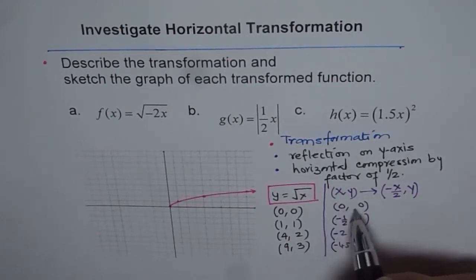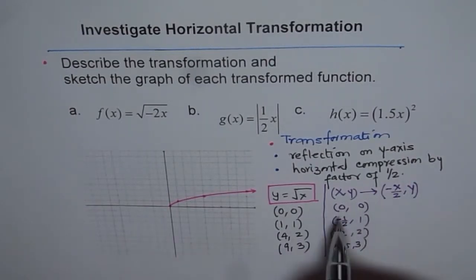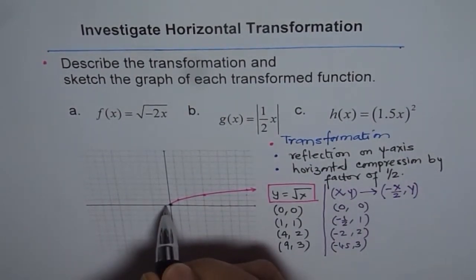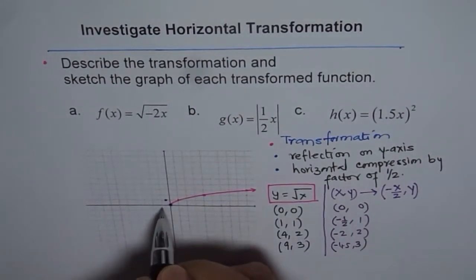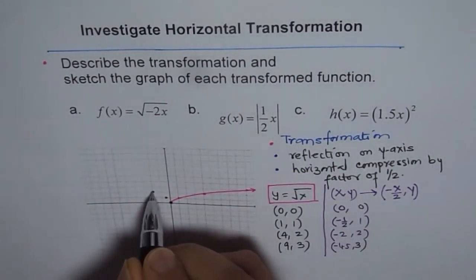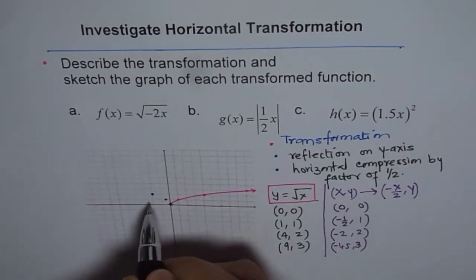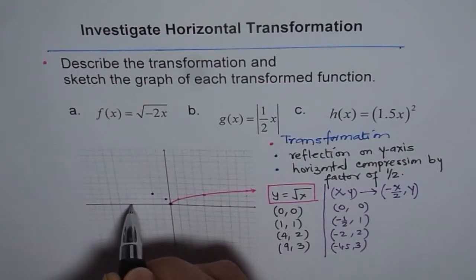One way is we can straight away plot these points and get our graph. That's the easy way of doing it. So 0, 0, you get 0, 0 here, minus half and 1. Then I get minus 2 and 2, so 1, 2, minus and 2. So we get this point. Minus 4.5 and 3: 1, 2, 3, 4, 4.5 and 3.